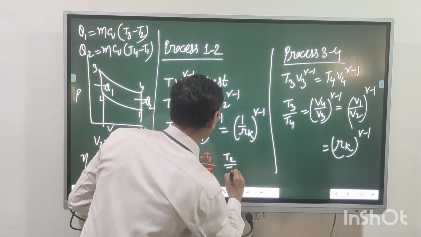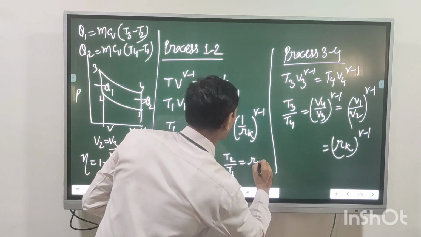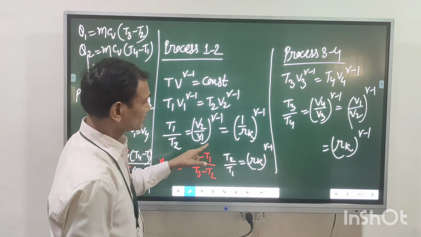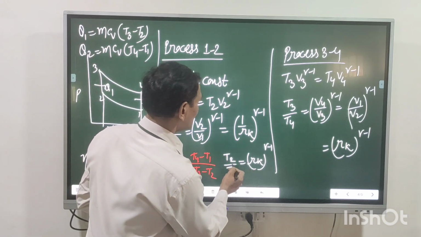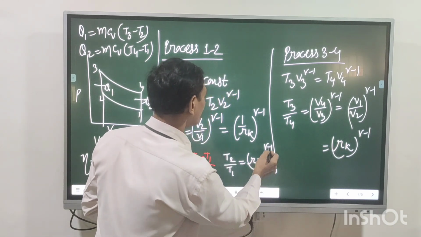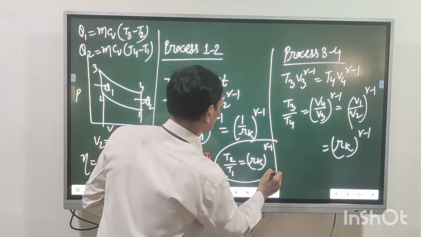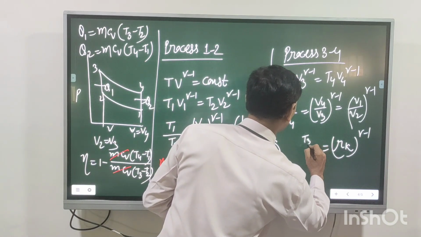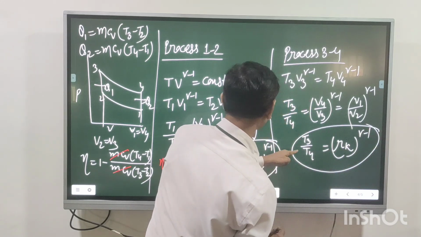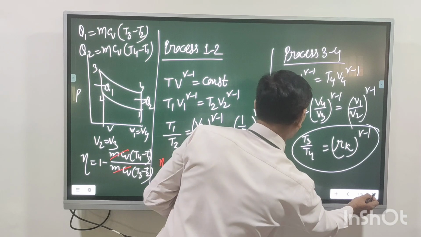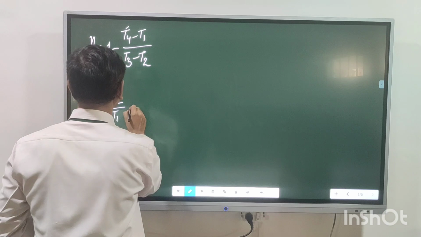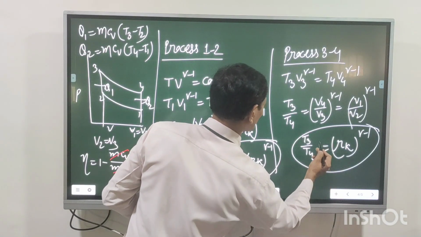Then we can write T2 by T1 is equal to RK^(gamma minus 1), the compression ratio power gamma minus 1, and the same for T3 by T4. So from this expression, T2 by T1 is equal to T3 by T4.